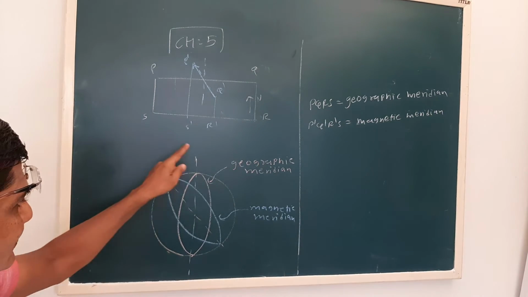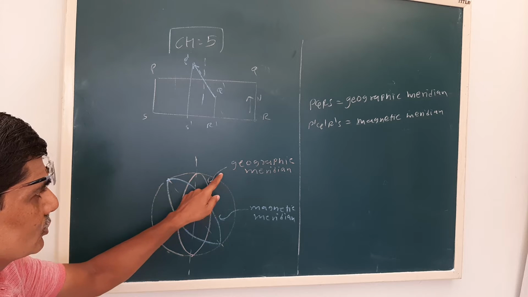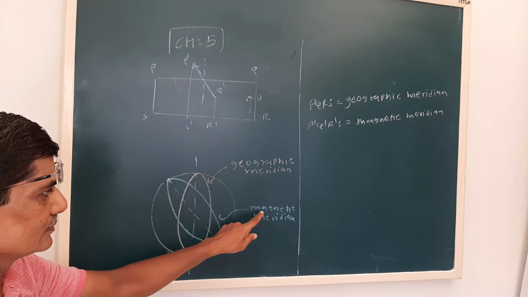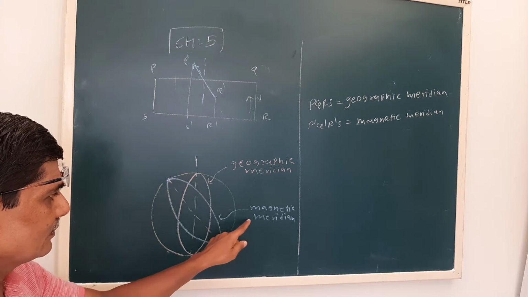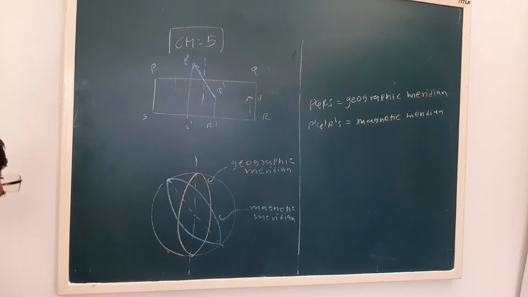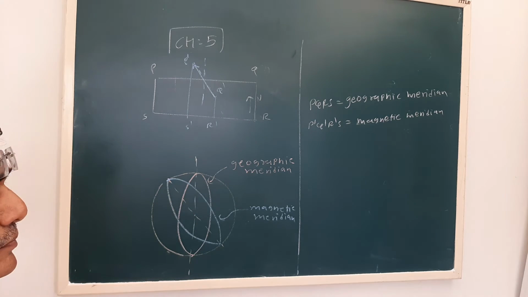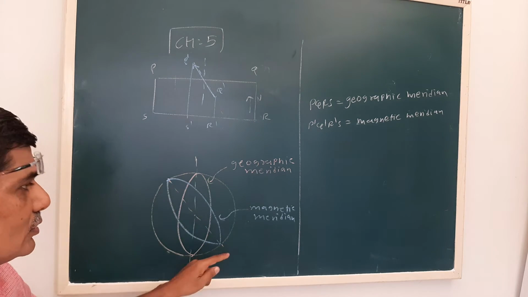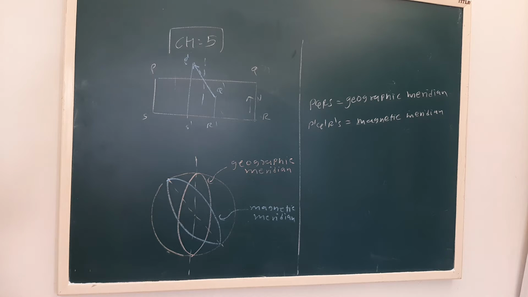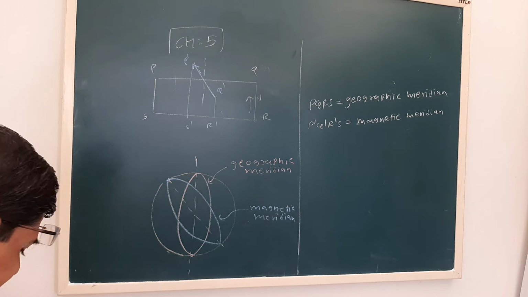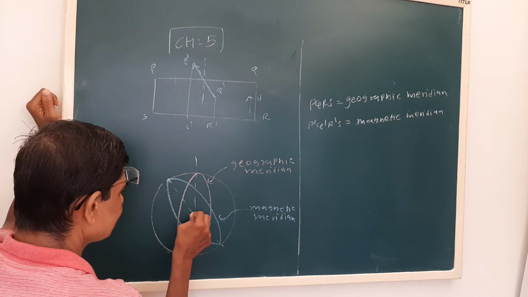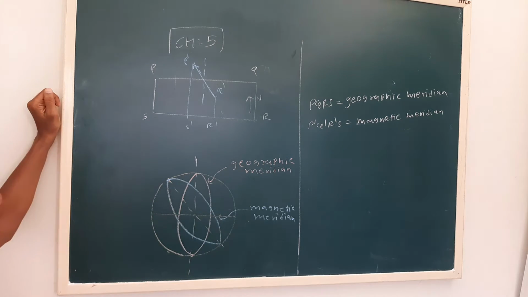Same way here, this circle shows the geographic meridian, and this other circle which I mentioned here is the magnetic meridian. So this is our geographic north and south, and this is our magnetic north and south. See, our magnetic poles are like this. Now see the horizontal line.